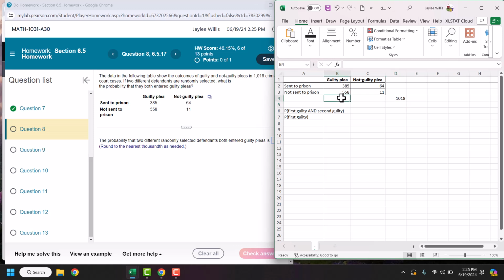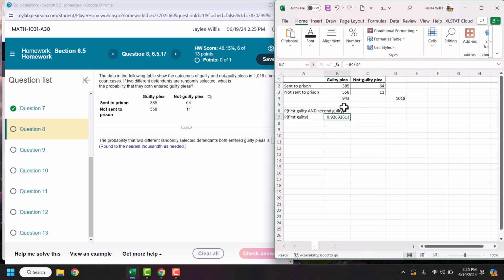And I will also need the total number of people that are guilty. So I'm going to add up this column of people who are guilty. So I will calculate this as the number of people who pled guilty divided by the total number of people. And that's the probability that the first person is guilty.